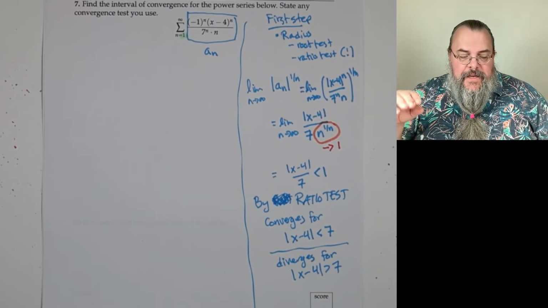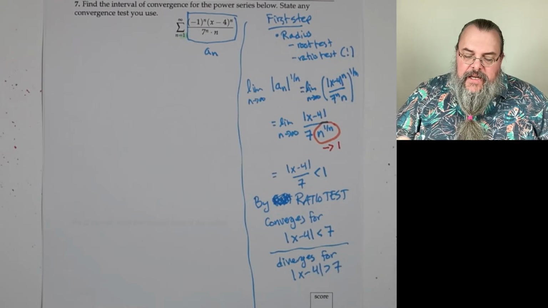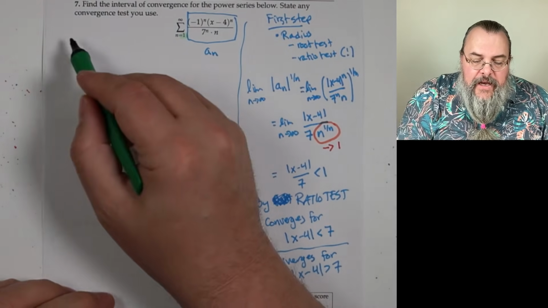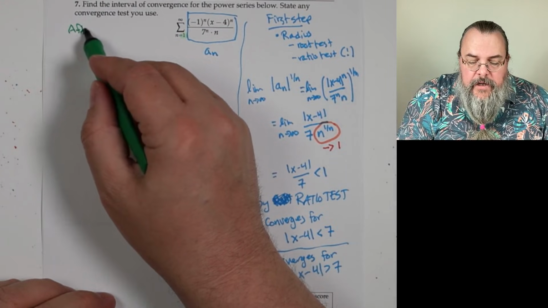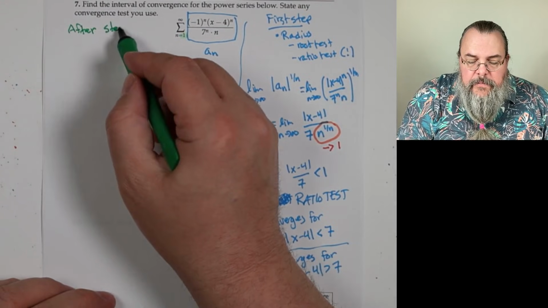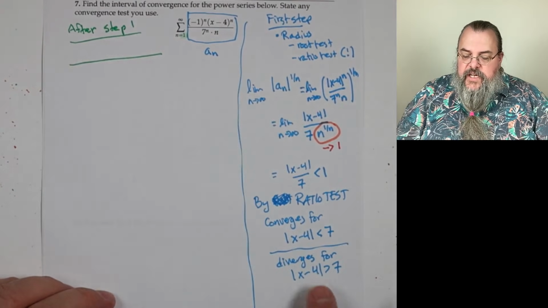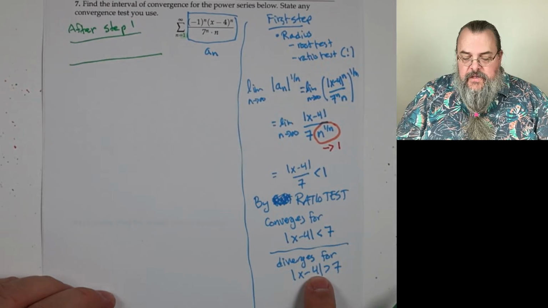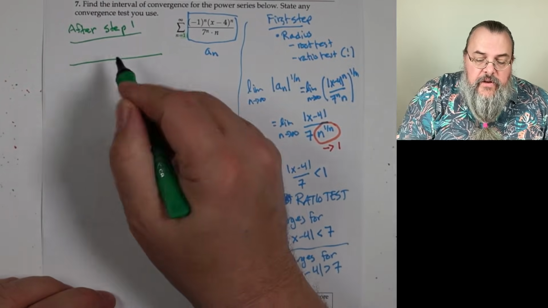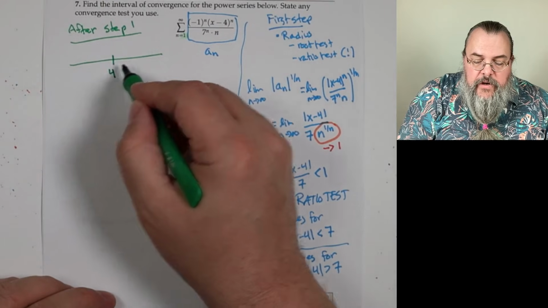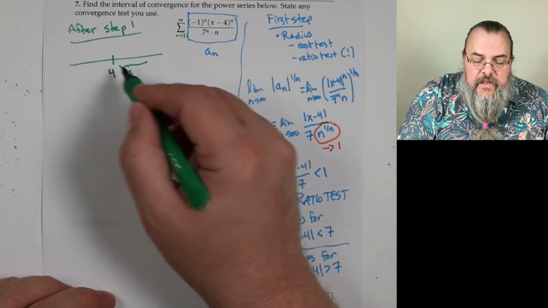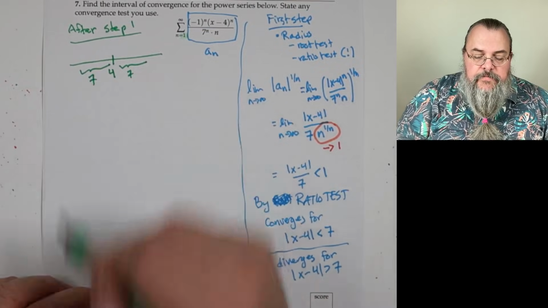So that's where we have to go into our second step. Our first step finds the radius, and after step 1, I just want to point out where we are. Our center is at 4, right? Because it's x minus 4. So we are centered at 4. We go out 7 in each direction.